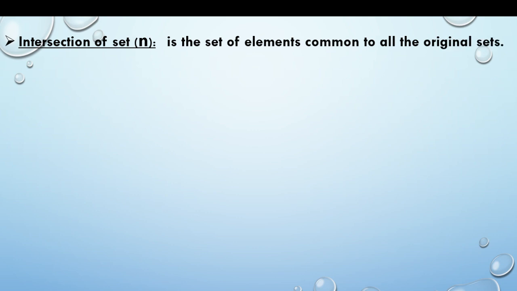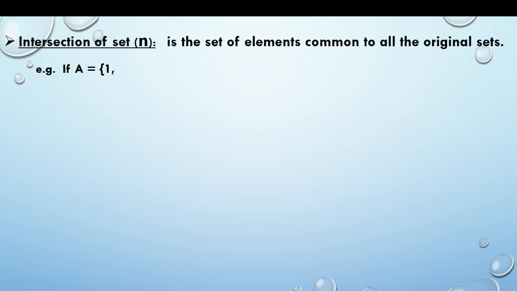Let us also look at intersection of set represented by this symbol. Intersection of a set is the set of elements common to all the original sets. So if you have 2, 3 sets, the set of elements common in those three sets is called intersection set.